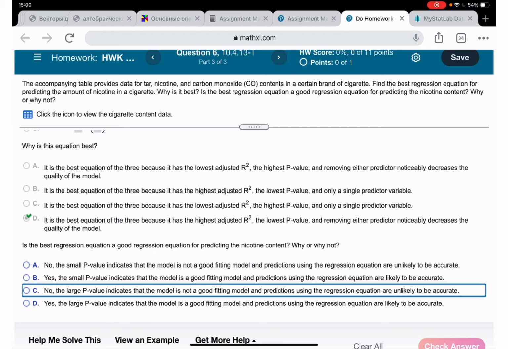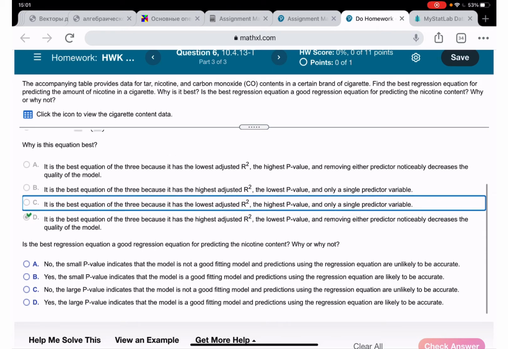First of all, the most important thing is the p-value. When it's very small, that indicates that the model is a good fitting model, and predictions using the regression equation are likely to be accurate.